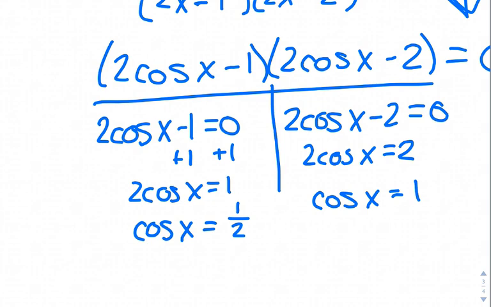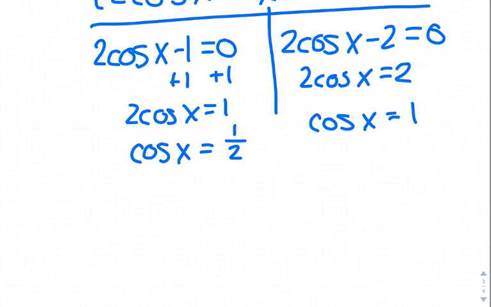However, I still need to figure out the angles. During this chapter, we did QPA. QPA stands for quadrant point angle. Starting with cosine x equals 1/2, it's positive because there's no negative sign. So we're looking for where cosine is positive, and that would be in quadrants 1 and 4.